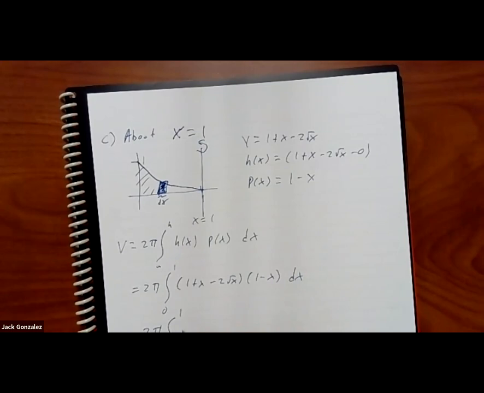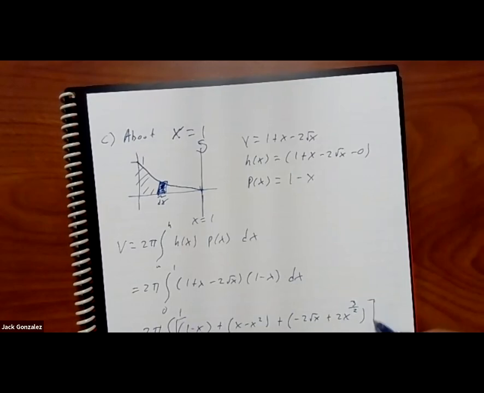So multiply that out, we're going to get 1 minus x plus x minus x squared plus a negative 2 root x plus 2x to the 3 halves. So that is a multiplication.